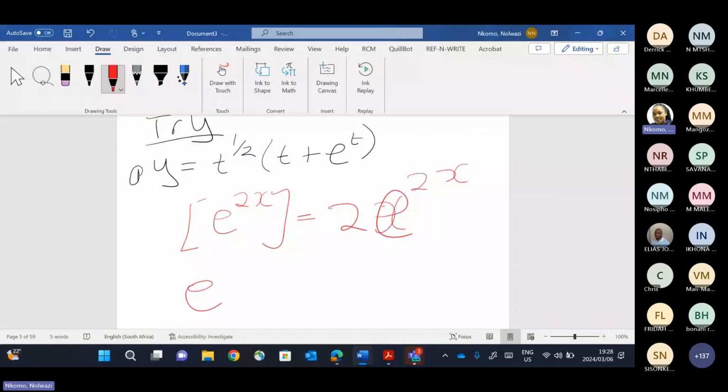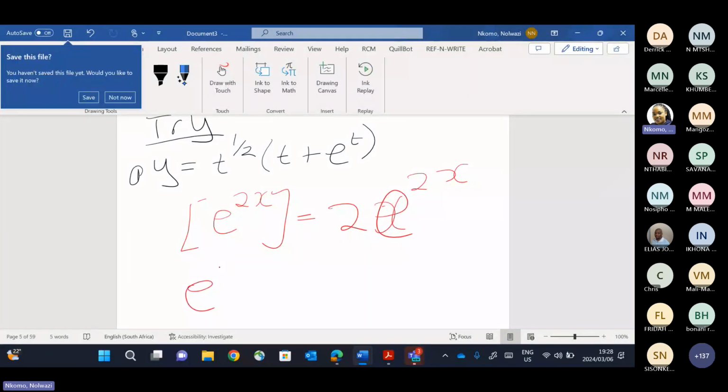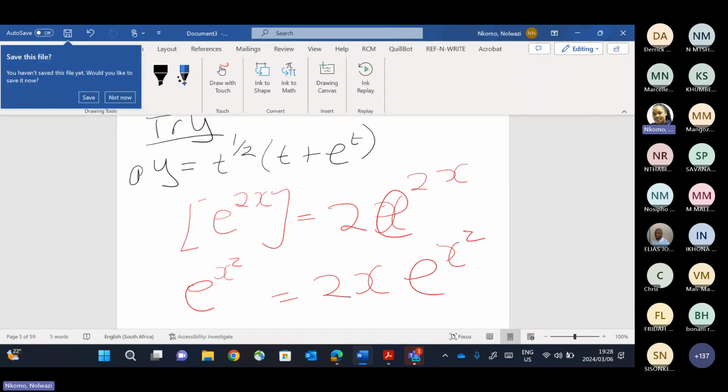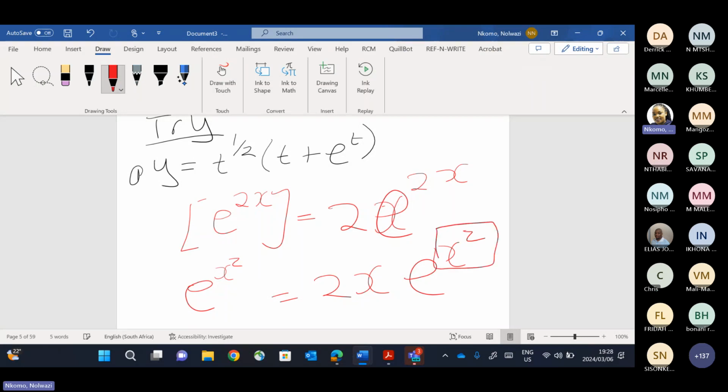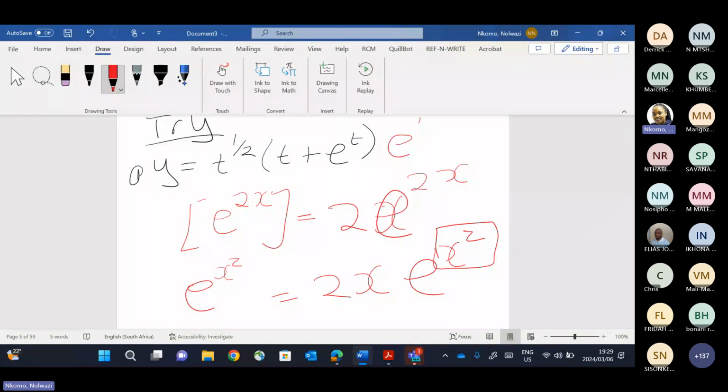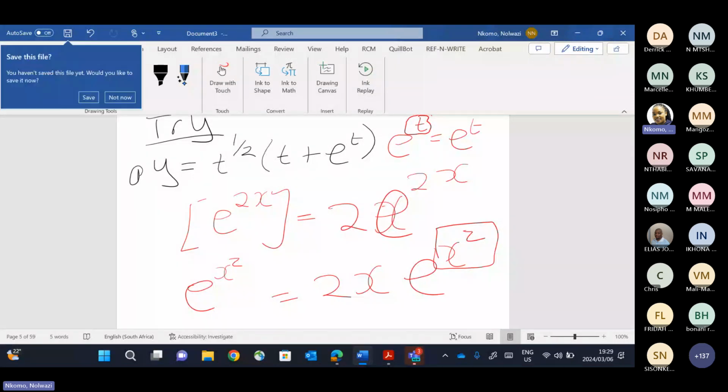And something like e to the power x squared, here you will get 2x e to the power x squared. So you can't assume that if we differentiate something with an exponent of e, we'll get that function as it is. If we are differentiating e to the power t, you'll get e to the power t. But if it's a constant times t, then it's something else, another rule. We're still going to do that rule.